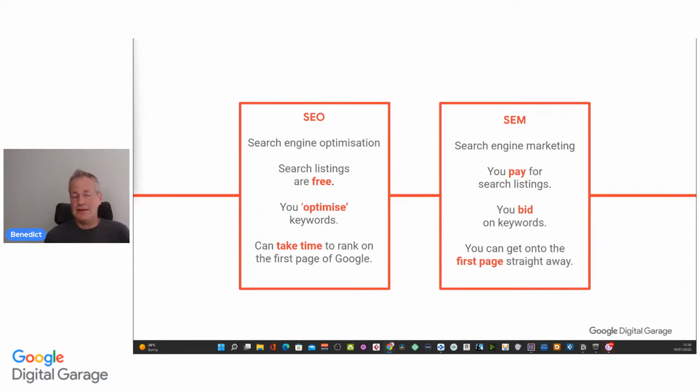You can optimize keywords and it can take time to rank on the first page of Google. Search engine marketing, you pay for search listings, you bid on keywords, and you can get onto the first page straight away. So there are some of the differences between the two. Obviously, with search engine optimization, you could be paying if you are paying a company for doing it.